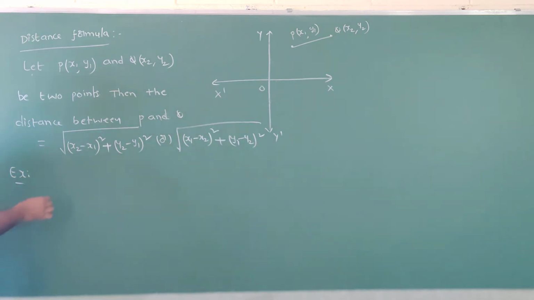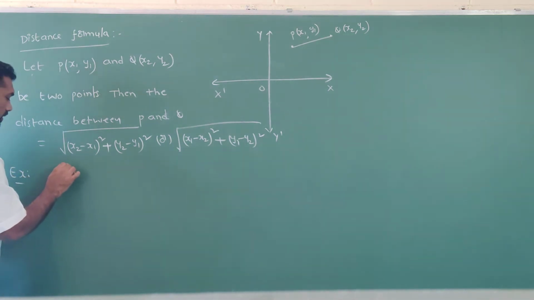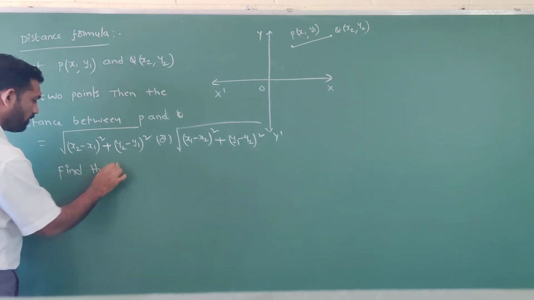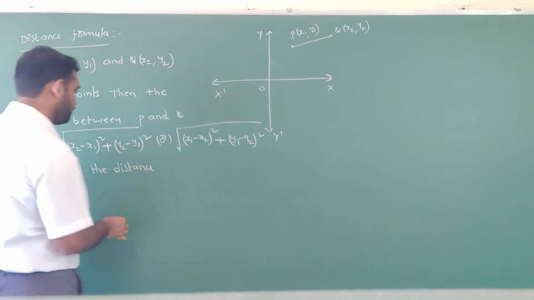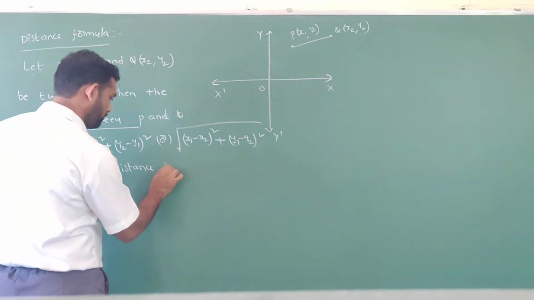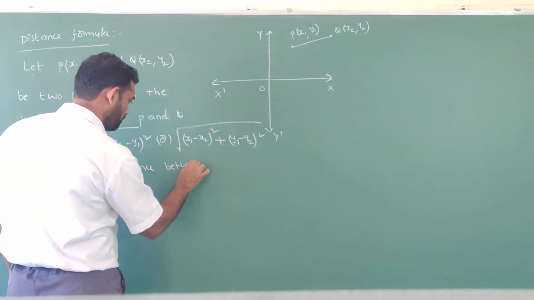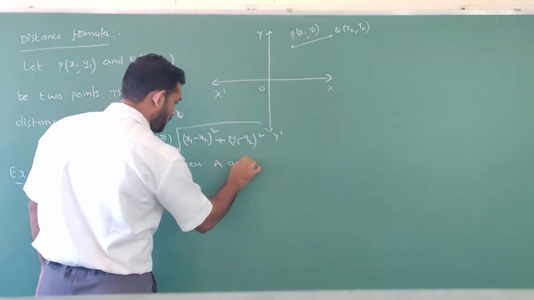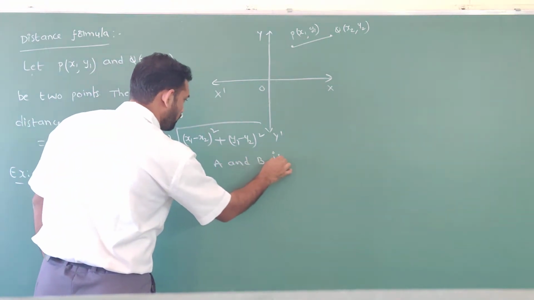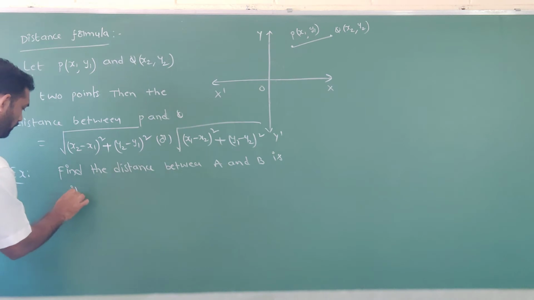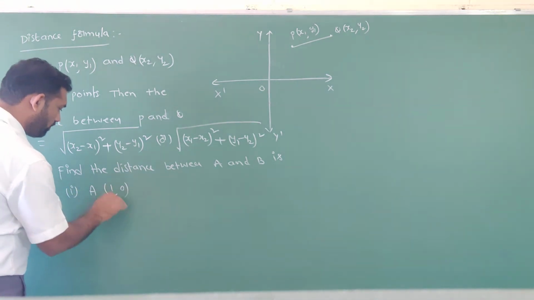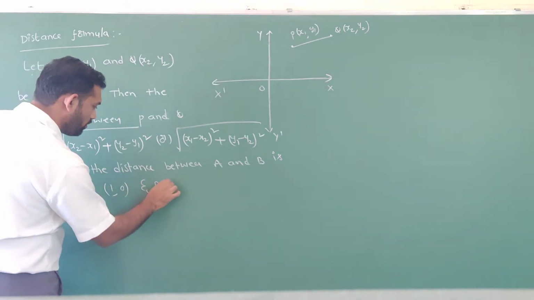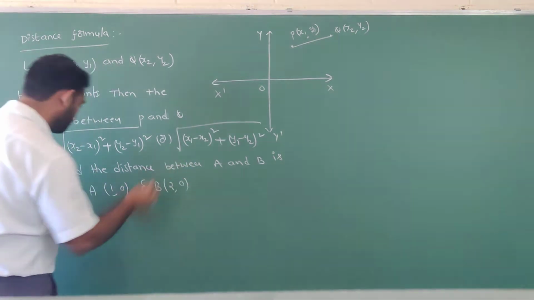Example: find the distance between A and B. First question: A (1, 0) and B (2, 0).